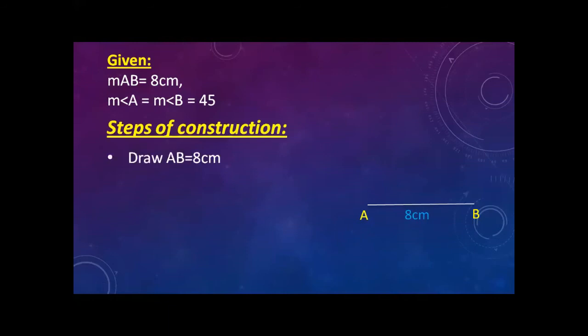Now, what we have done in step number 1, we have drawn a baseline of 8 centimeter. Now, at point A, we have two angles, A and B. First, we will draw angle A, then we will draw angle B. So, put your protractor. We will use the protractor again and again. I am repeating: for an angle, we will use a protractor. For an arc, we will use a compass.